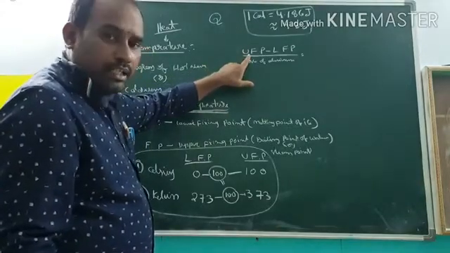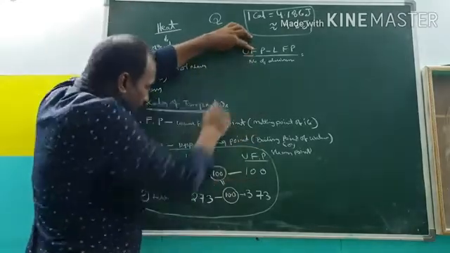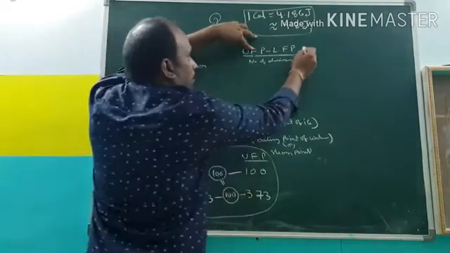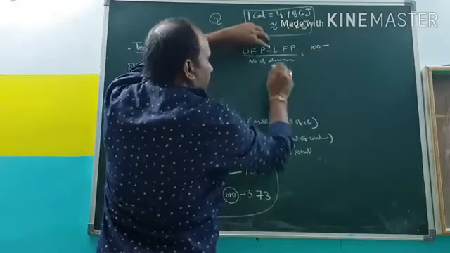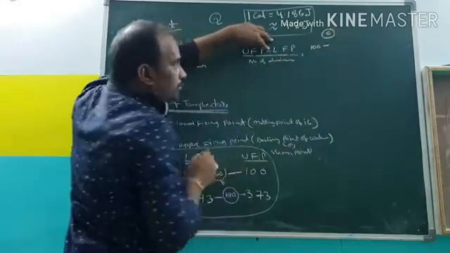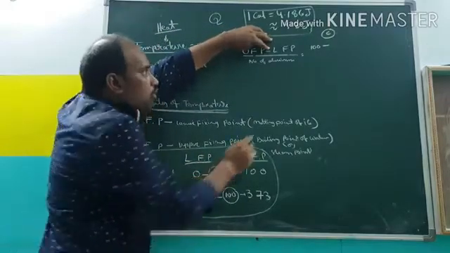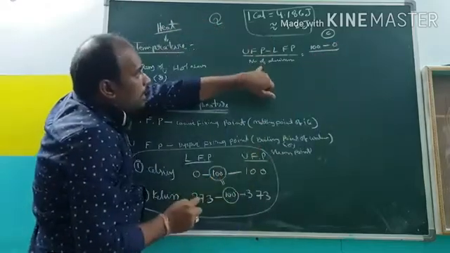First, I am finding that for Celsius. In Celsius, what is the upper fixing point? 100. So I take 100 minus the lower fixing point. In Celsius, the lower fixing point is 0. So 0, divided by the number of divisions.